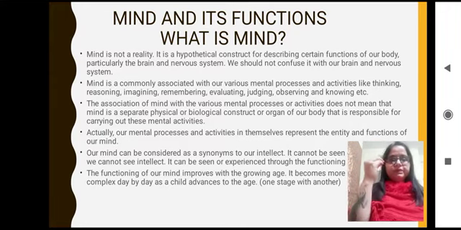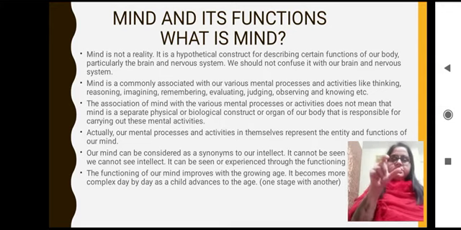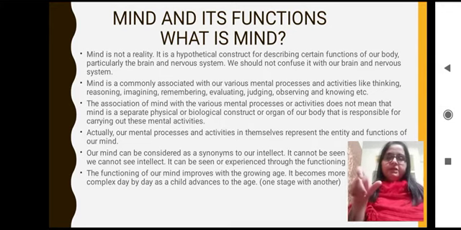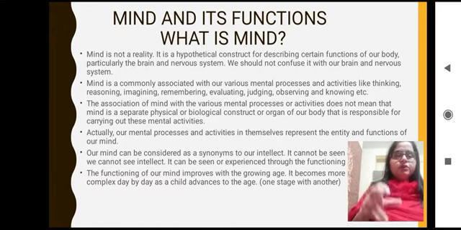No, I simply say that this is what my nervous system is explaining right now, so just to simplify the meaning, the term mind was used. The functioning of our mind improves with growing age.